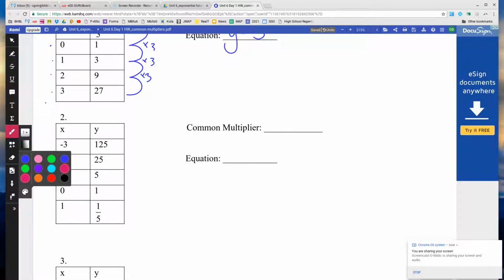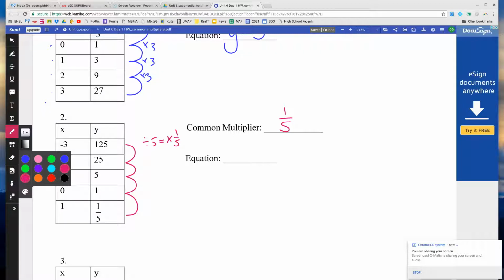So I'm trying to assess how I am getting from 125 down to 25, down to 5, to 1, to 1/5. Well, what I'm doing here is dividing by 5. But remember, dividing by 5 is the same as multiplying by 1/5. So my common multiplier is 1/5.